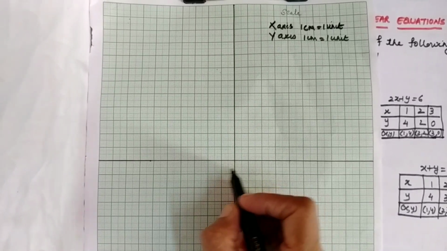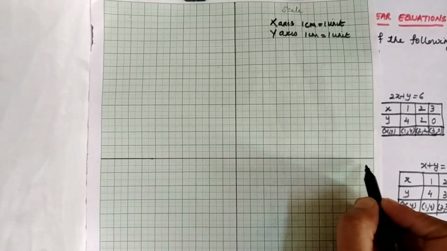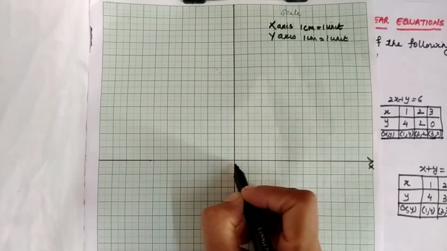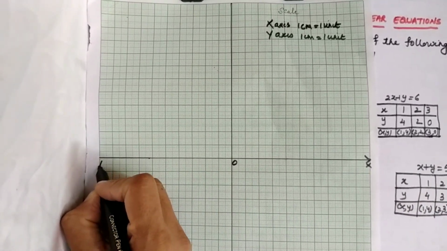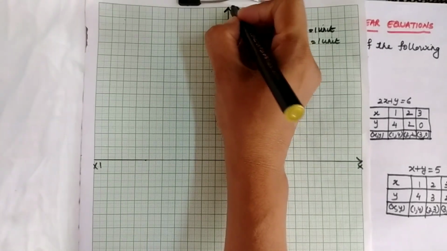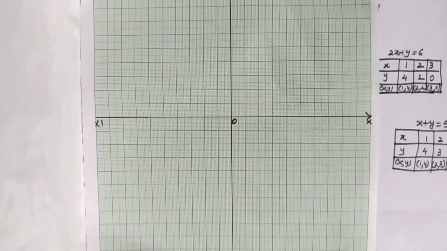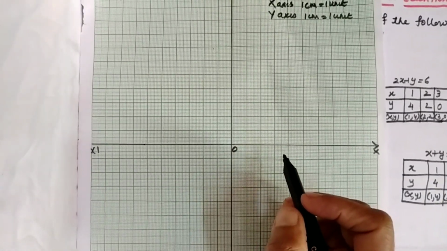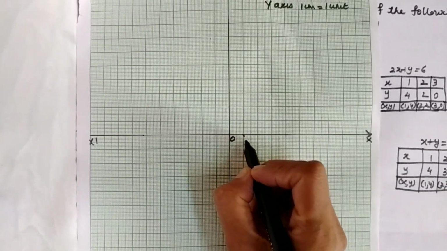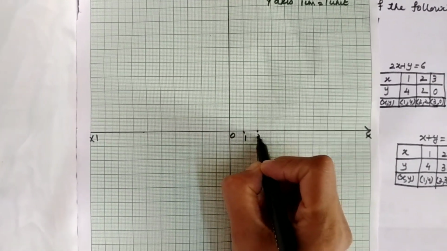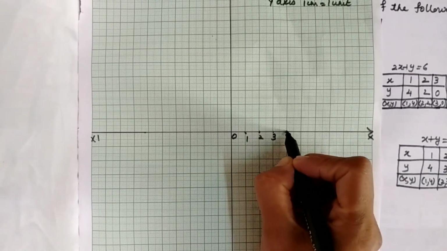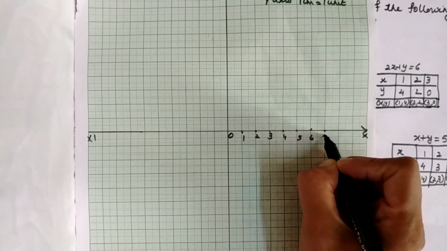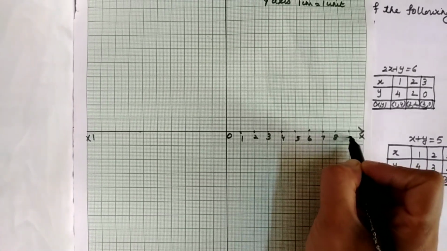Now you will mark the points. First draw the x-axis and y-axis. This is x, O, x dash, and this is y, O, y dash. Next, mark here positive values 1, 2, 3, 4, 5, 6, 7, 8, 9.